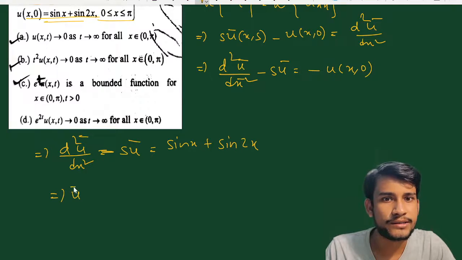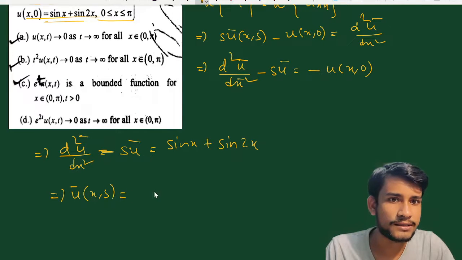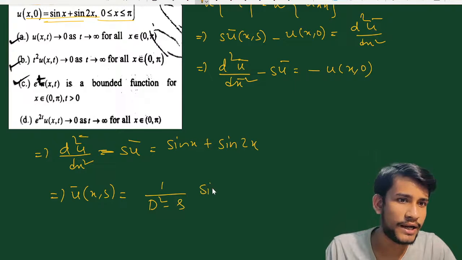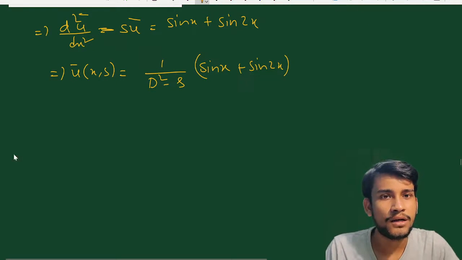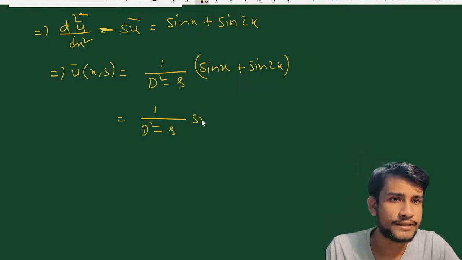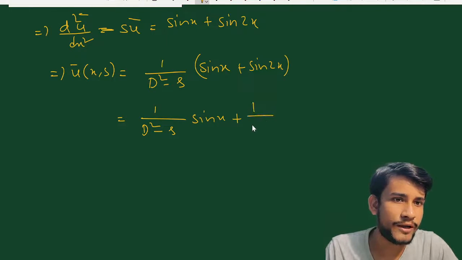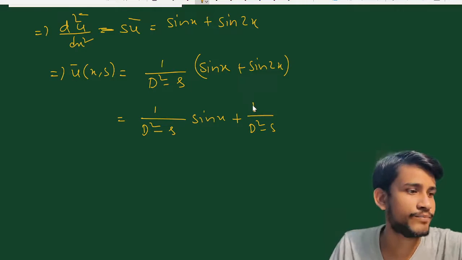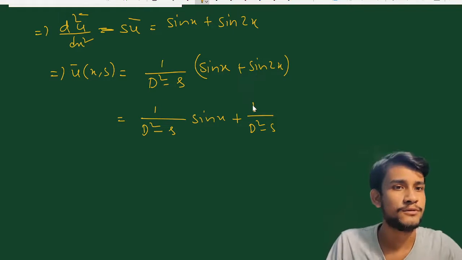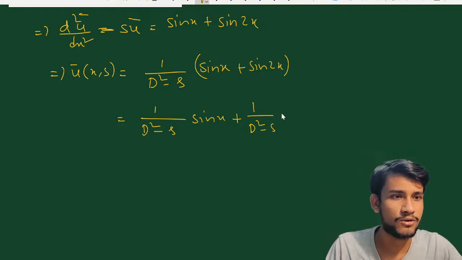That means ū(x,s) is equal to 1 by (D² minus s) into sin x plus sin of 2x. Clear? Now this is equal to 1 by (D² minus s) sin x plus 1 by (D² minus s) sin 2x.